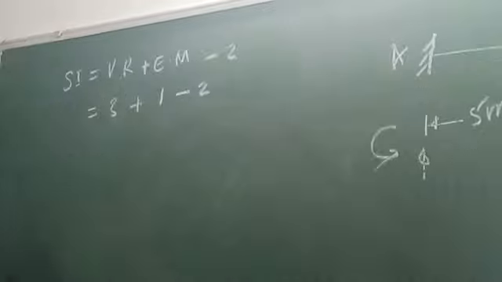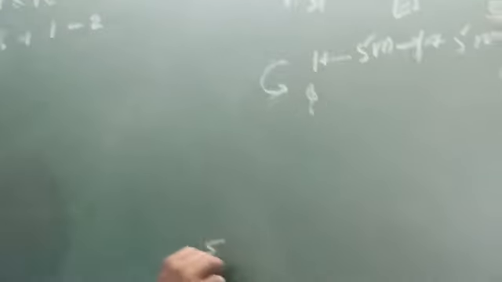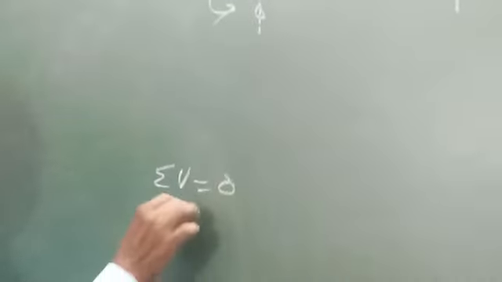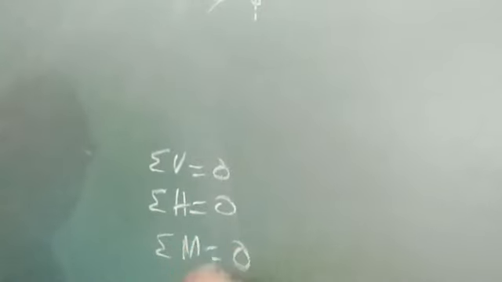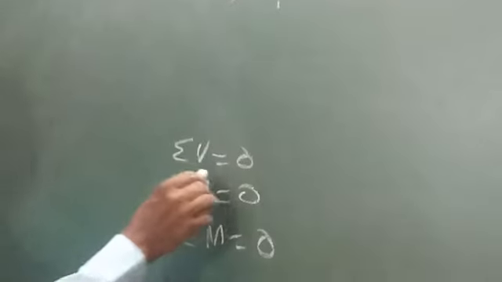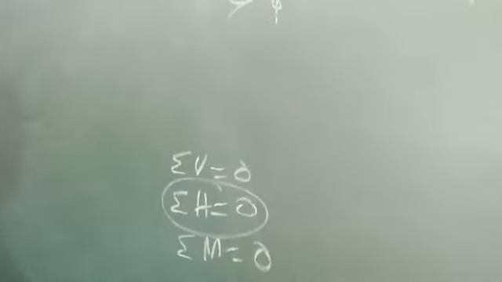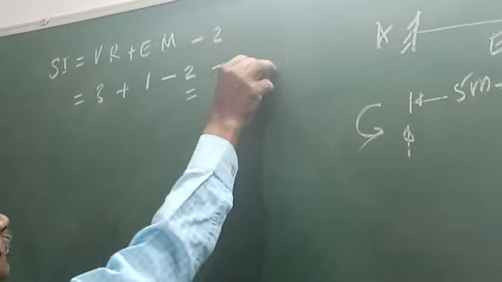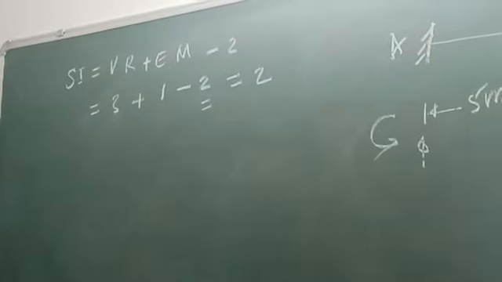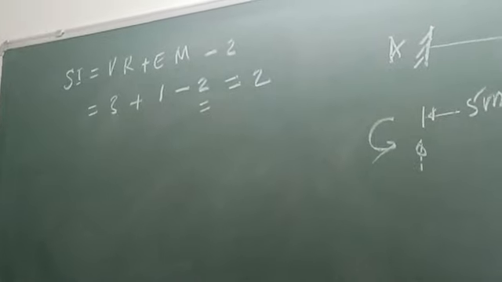So there are 3 equations of equilibrium: sigma V equal to 0, sigma H equal to 0, sigma M equal to 0. Now in the absence of any inclined or horizontal force, this equation will be of no use. Therefore, only 2 equations will be useful. So the degree of static indeterminacy of the structure is 2.